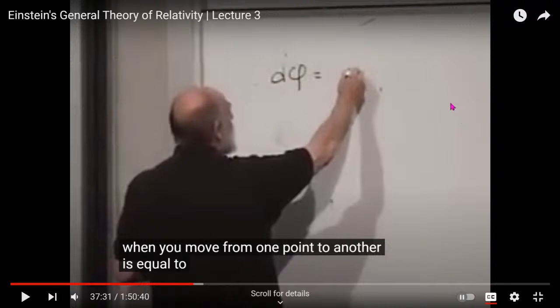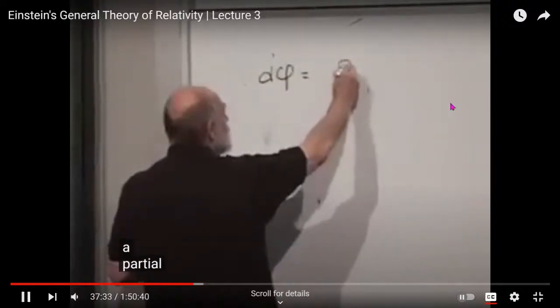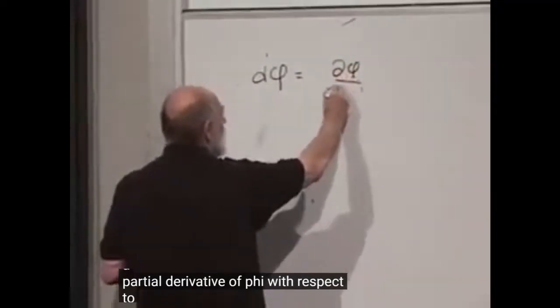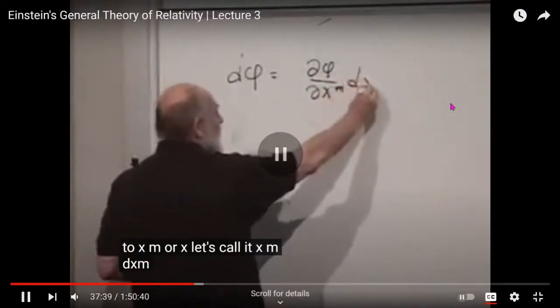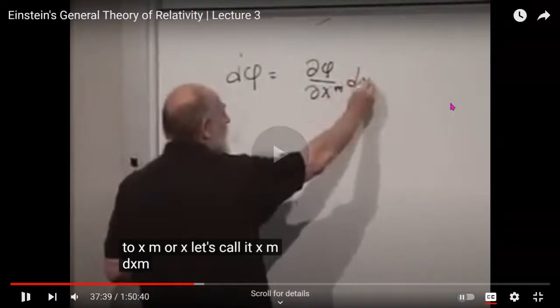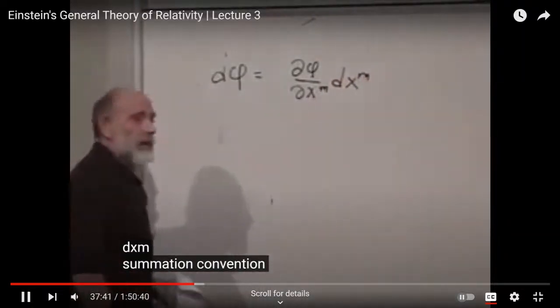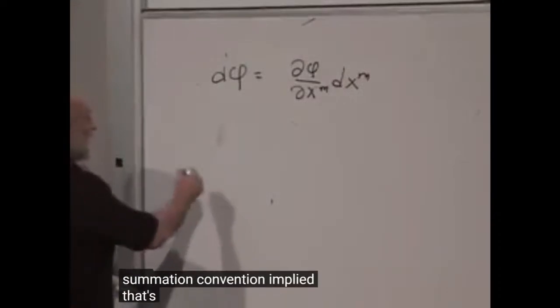This is where we started when we first started today's show. Partial derivative of phi with respect to xm, dxm. This is Einstein's notation, so you just add them all up. Summation convention implied. That's one thing.